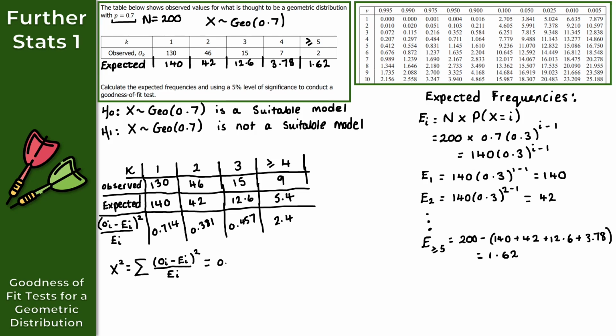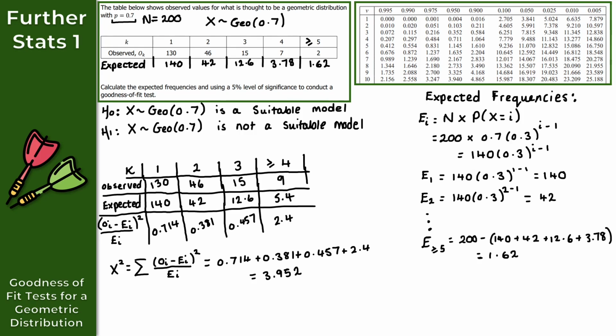So I've got 0.714 plus 0.381 plus 0.457 and finally plus 2.4. Okay, just throw that into your calculator here, and if you do that correctly, what you should find then is we get 3.952 there. Okay, again, we're getting closer and closer here.